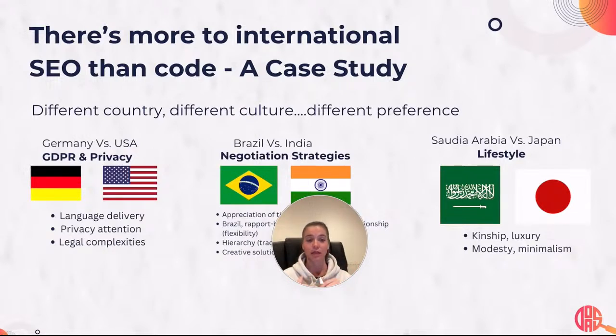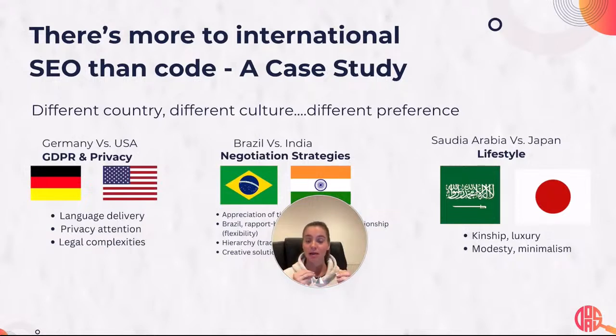They're focusing on kinship, family, and luxury. So premium. And the difference here is that someone from Saudi Arabia would not buy something from a page that is tailored to the Japanese. These preferences could not be more different. A Japanese citizen would probably go for a more eco-friendly car, like a hybrid, and a Saudi Arabian would probably go for a Rolls-Royce or a Bentley or an old vintage petrol vehicle.